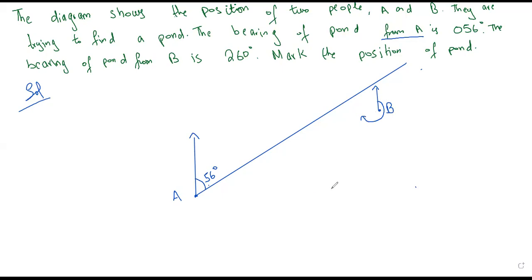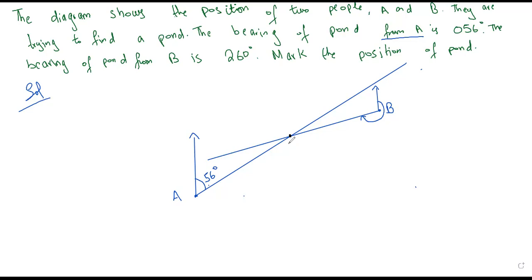So now I am going to make a line at this point. So it would be something of this type. Okay. Now we are going to follow the intersection point, and this is approximately the location of the pond.